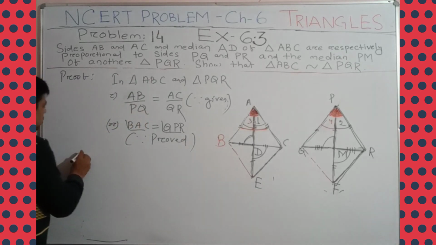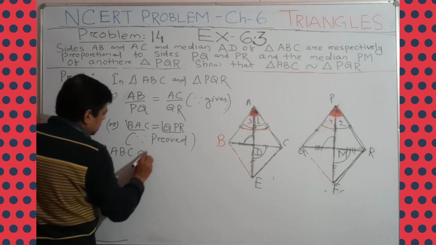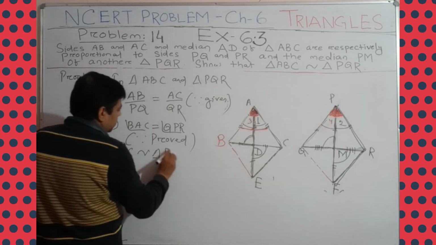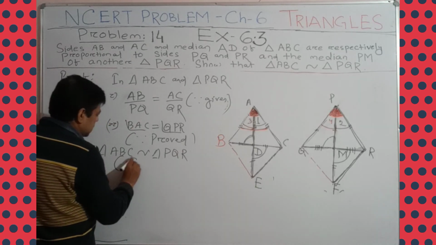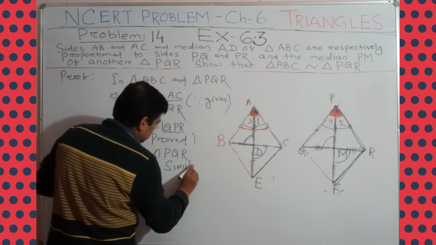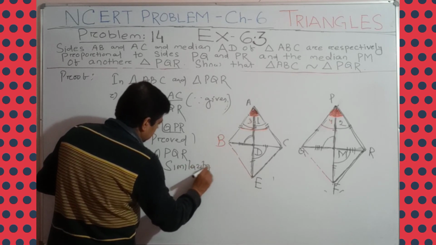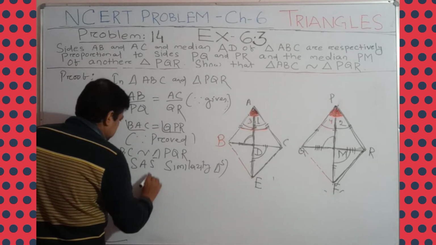So triangle ABC is similar to triangle PQR by side angle side similarity of triangles. Is it clear? And this is proved.